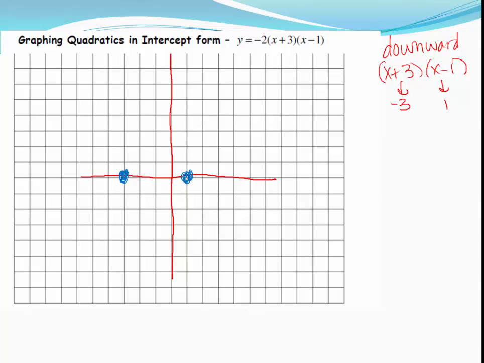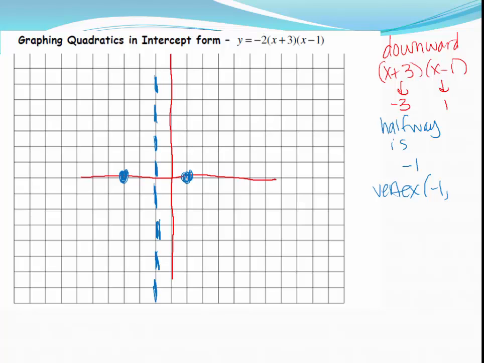Now what's halfway between -3 and +1? The halfway mark is -1. So here's my axis of symmetry. And my vertex now is going to be -1, something.